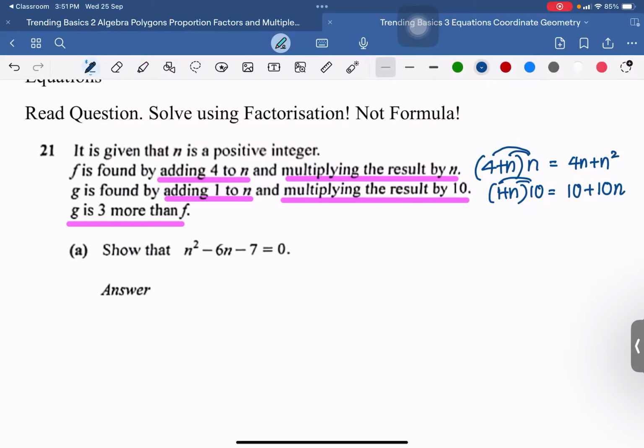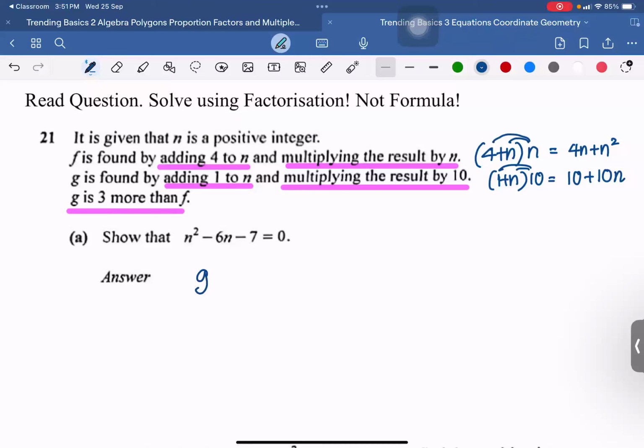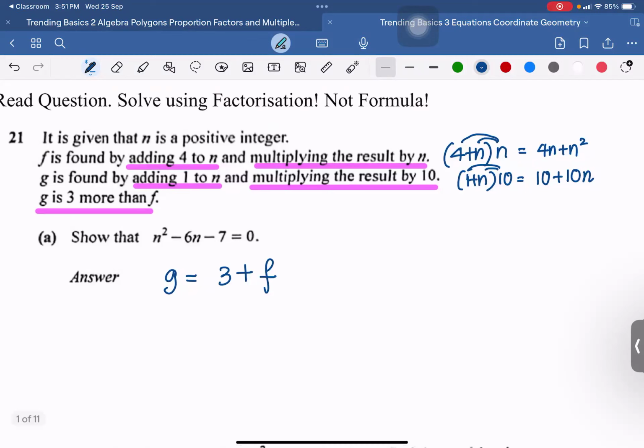So G is 3 more than F, which means F plus 3 will give you G. You add the 3 to the one that is smaller. G is larger, F is smaller. So we add.